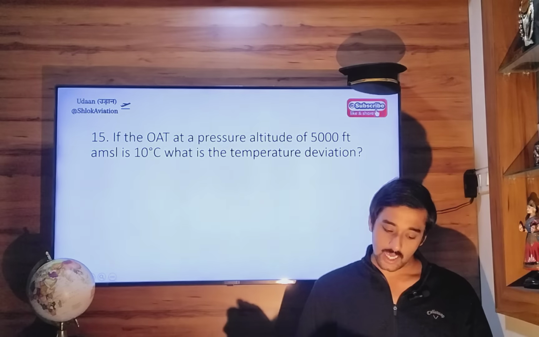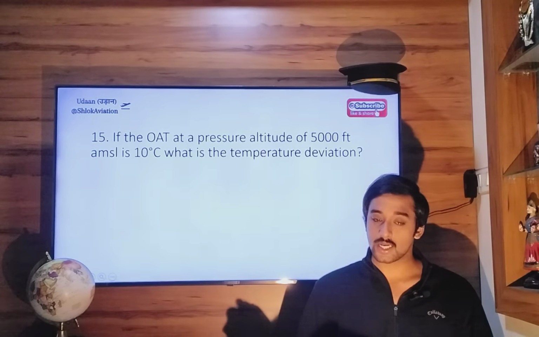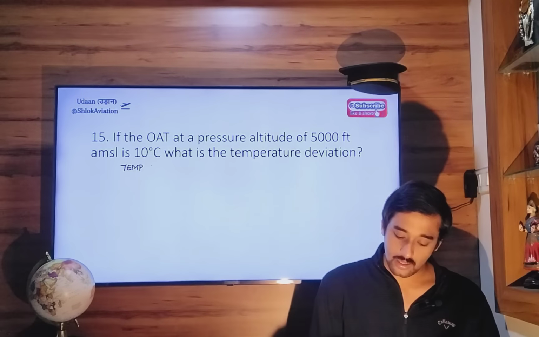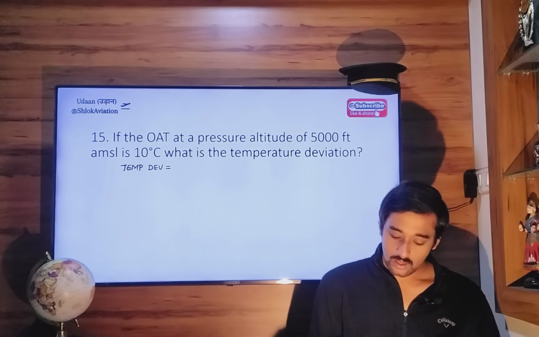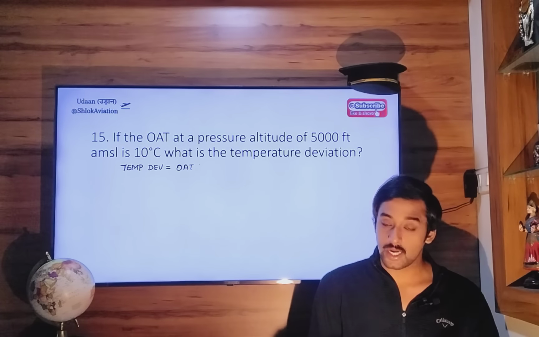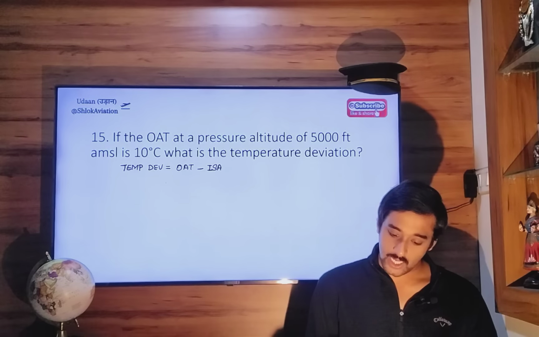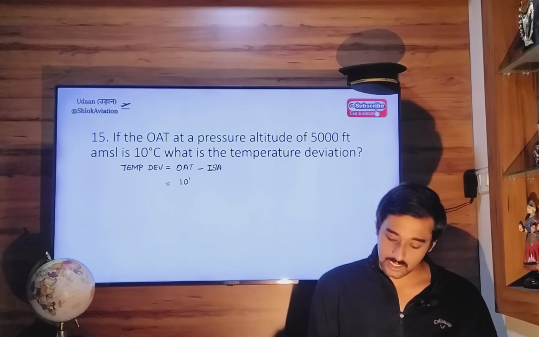5000 feet is 10 degrees Celsius, what is the temperature deviation? Simple question. So temperature deviation is equal to outside air temperature or ambient temperature minus ISA temperature. So outside air temperature is 10 degrees Celsius.